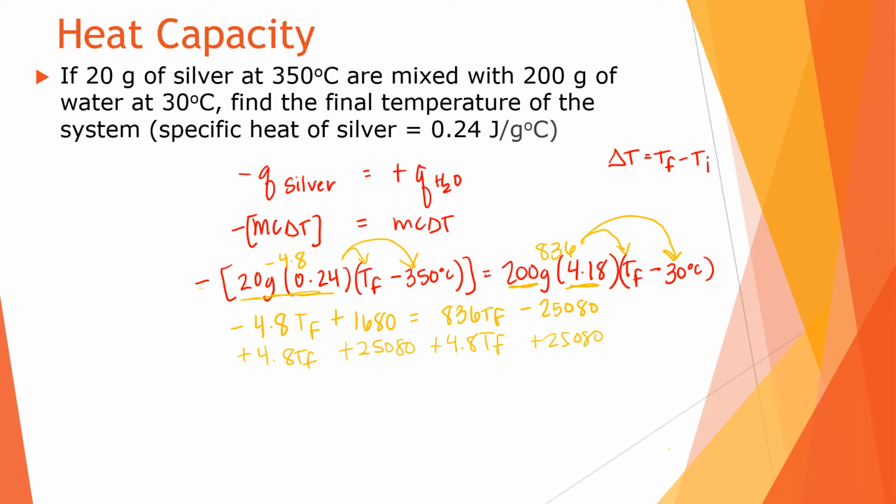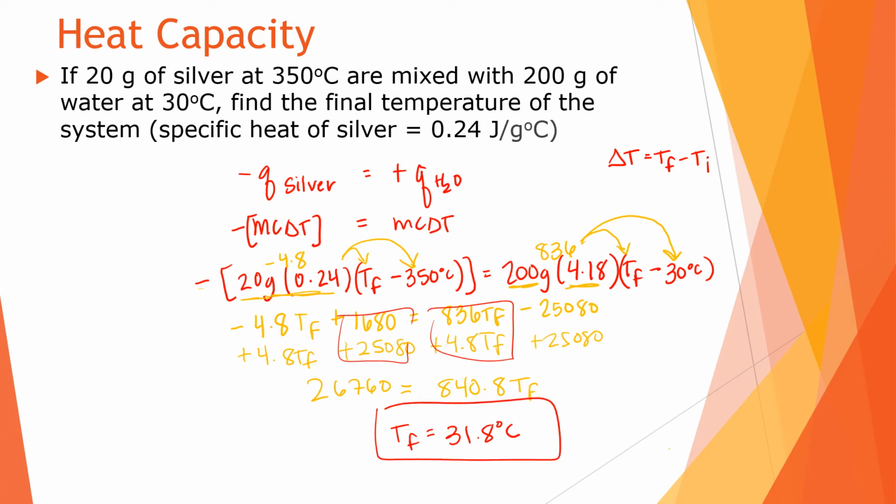So that leaves me with 26760 equals 840.8 times TF. So again, I just combined like terms. When I solve for final temperature, I get 31.8 degrees Celsius. That is the most difficult calorimeter problem like that. And again, not difficult. It's just a little bit of messy algebra. That's it.